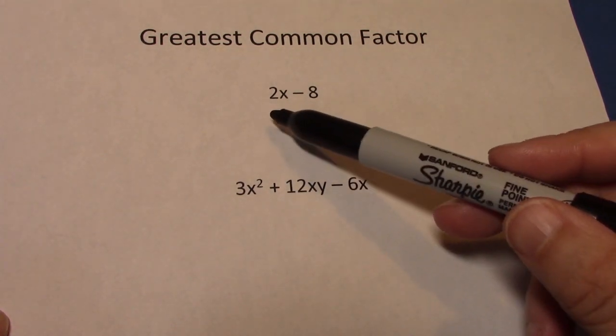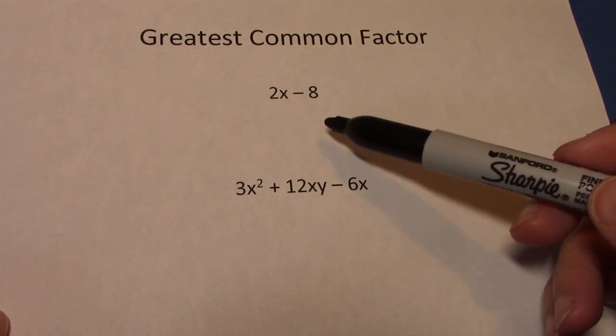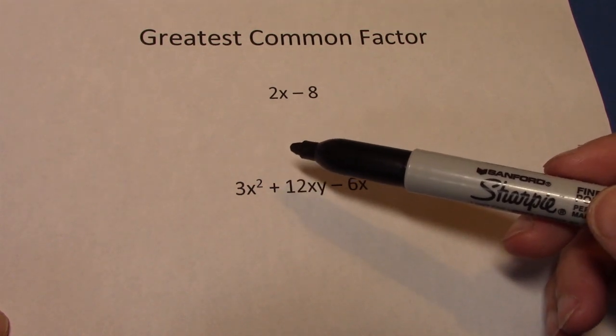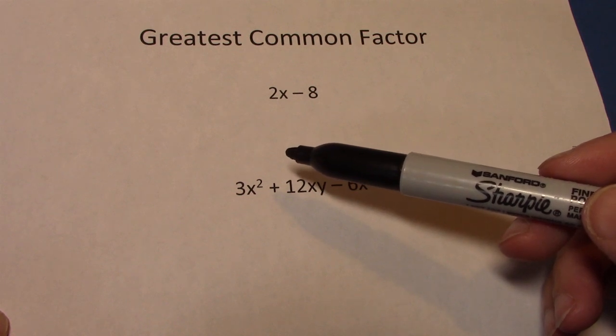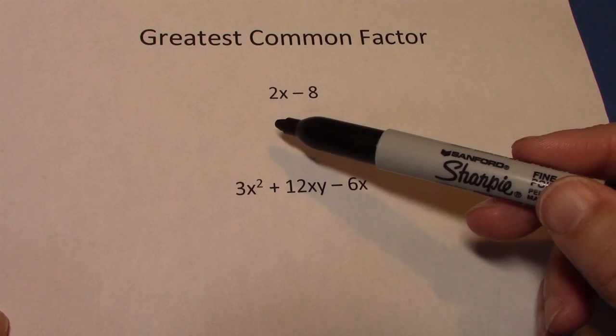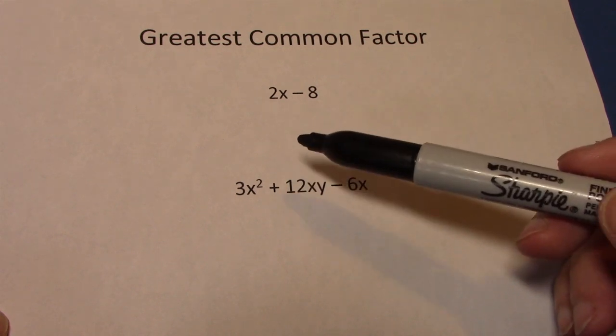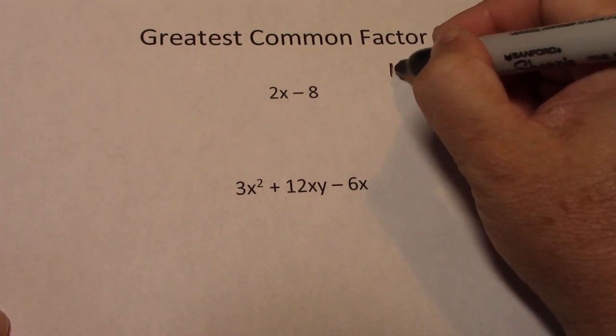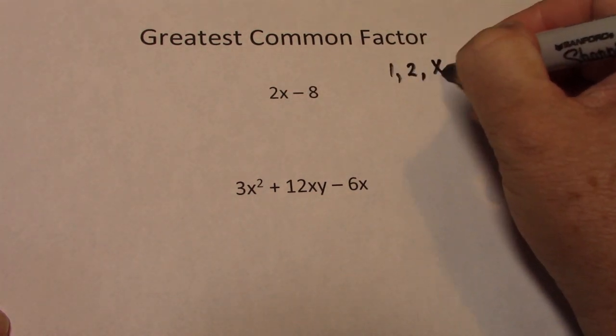Consider something like this, 2x minus 8. That's fine the way it is, but it's really not considered simplified in math. Usually what we want to do to simplify things is to remove what we call the greatest common factor. Let's think about factors again. The factors of 2x are 1, 2, and x.